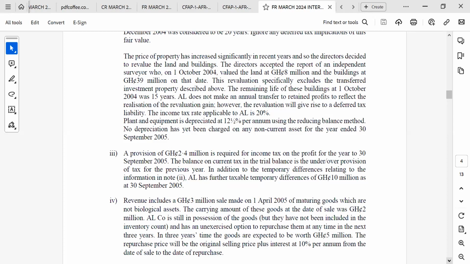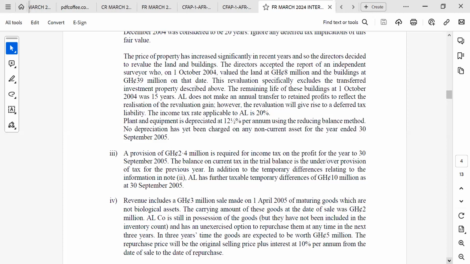Okay, this one is relating to IAS 12, isn't it? Yes. What is the provision for the current tax? What is the current tax provision for this year? 2.4. As soon as you see the 2.4, this is the amount that the company is saying that they will be paying the tax authority for this year on the profit.